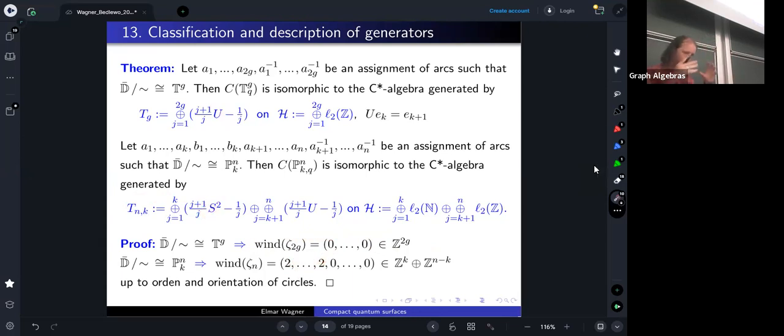And in case you are worrying about the orientation or the order of these arcs, well, we just take this Hawaiian earring, then we can flip circles to get the orientation we want, and we can rearrange them. That's no problem. So all these compact or closed quantum surfaces are generated by these essentially normal operators.